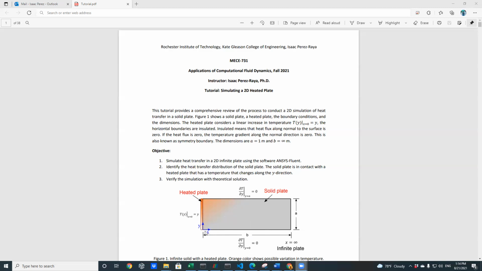That means that at y equals 0, the temperature of the heated plate is 0, and that at y equals A, the temperature is equal to A.